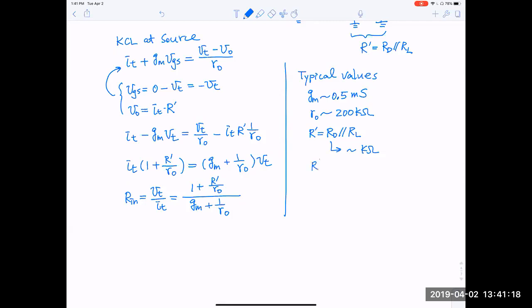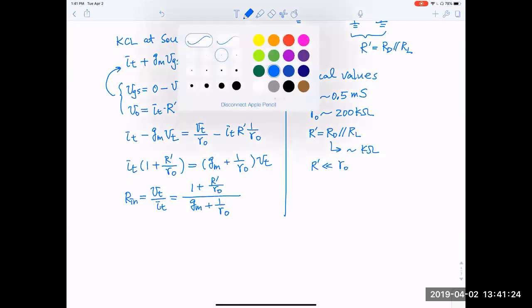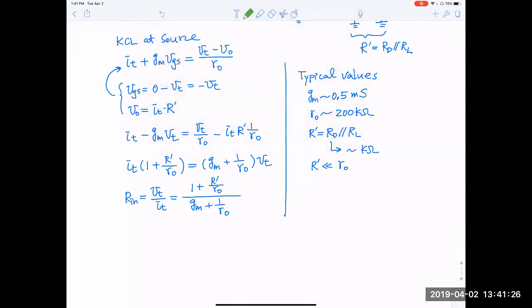So R prime is in general much, much smaller than R0, which says we can basically drop this term from the numerator. Now, comparing GM and 1 over R0, 1 over R0 will be a small number since R0 is a big number.